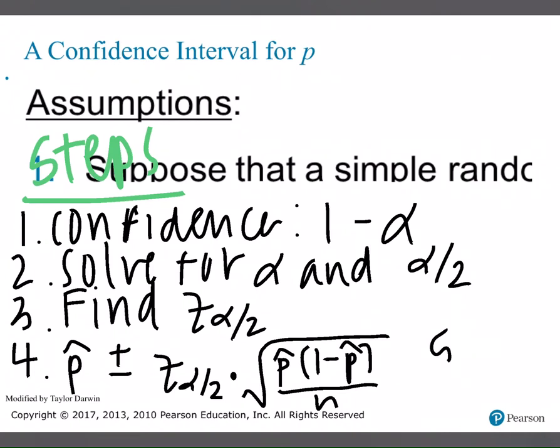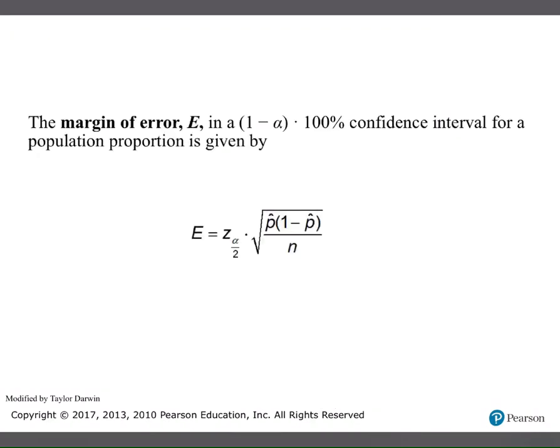And your last step is to interpret. So go ahead and write that down. These are important steps, which may seem really weird right now, but we will talk about going through them. So that p hat that I just wrote down when I said p hat plus or minus all of that is your margin of error.